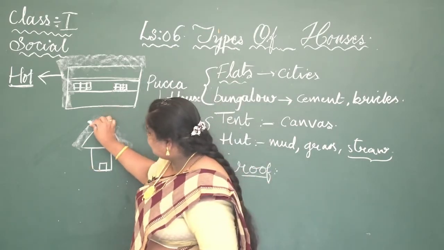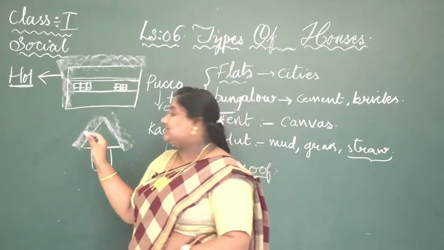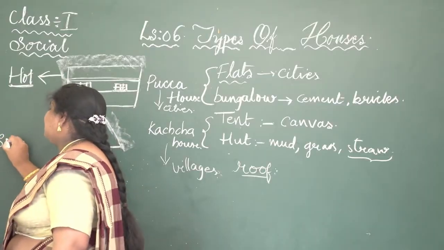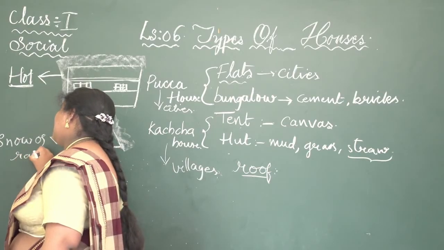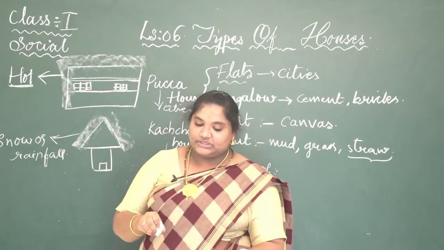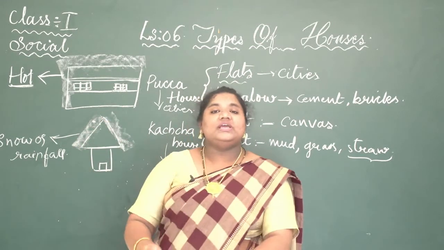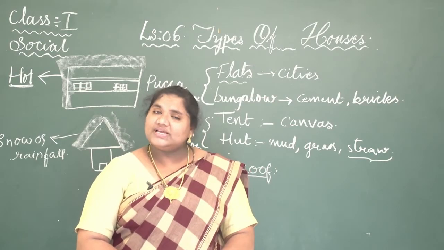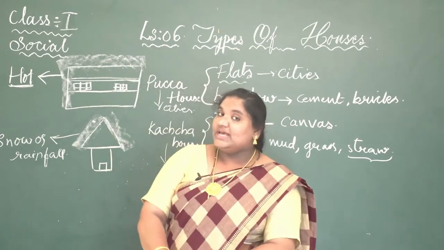So why is the roof made sloping, sir? These sloping roofs are made in places covered with snow or with heavy rainfall. Like in the northern area of India, which is mostly covered with snow, they build houses using wood and cement.